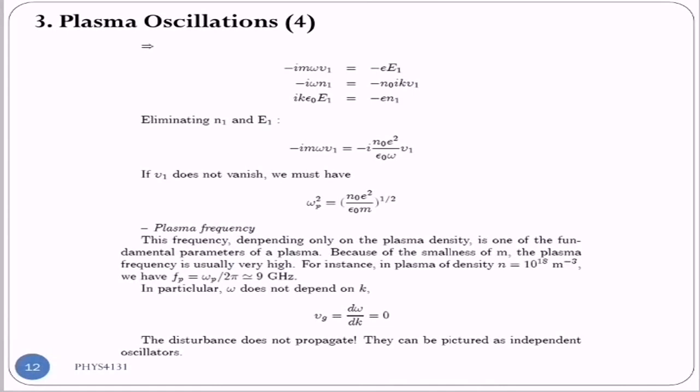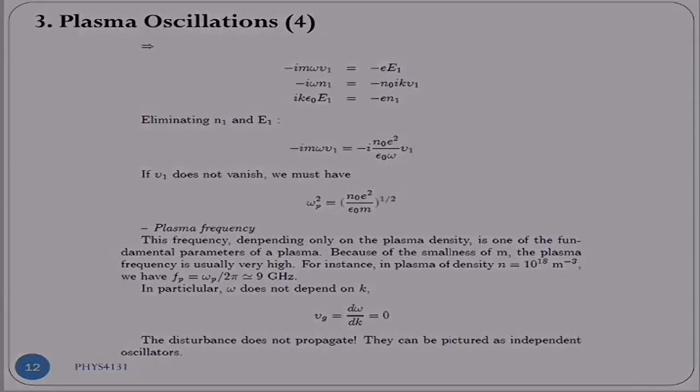In particular, omega does not depend on the value of k, so V_g or group velocity, d omega over dk, will be equal to 0. The disturbance does not propagate. They can be pictured as independent oscillators.